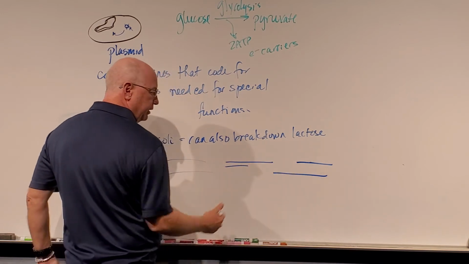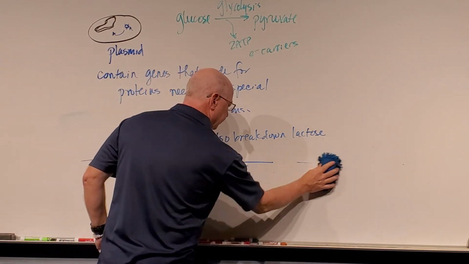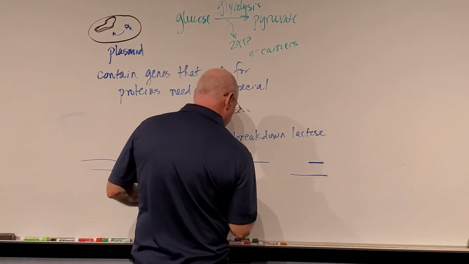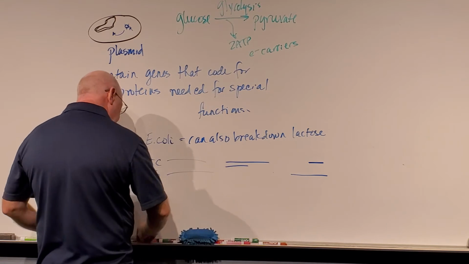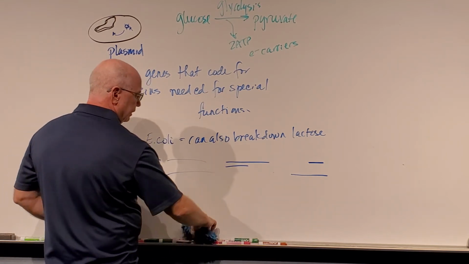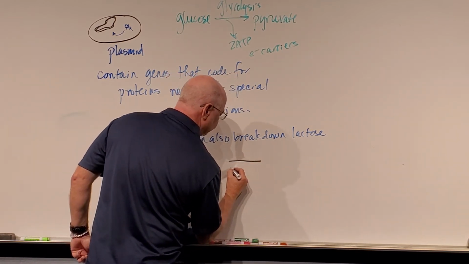Now, if I can separate these far enough, and I have another piece of DNA, well, here, let me do this in a different color. So this is my chromosomal DNA.